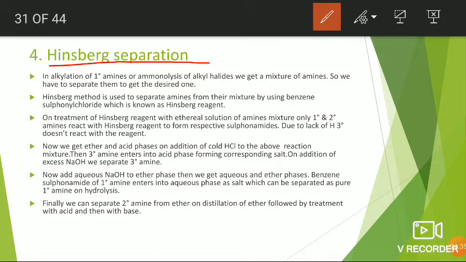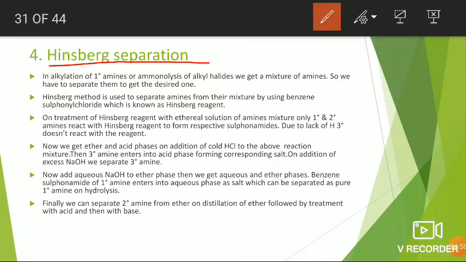How can we separate them from their mixture? If you want only one amine from their mixture, it is essential to separate the desired one from the mixture. In order to separate the desired amine from their mixture, we have to choose some separating methods.